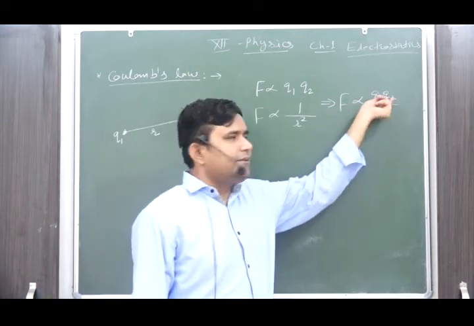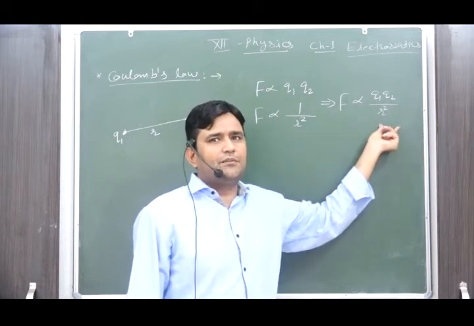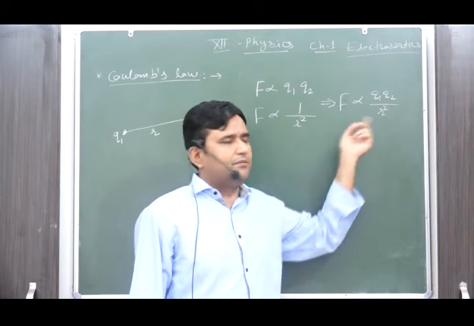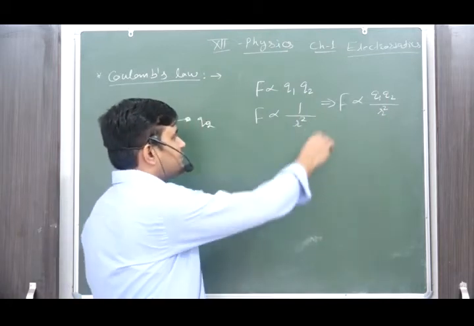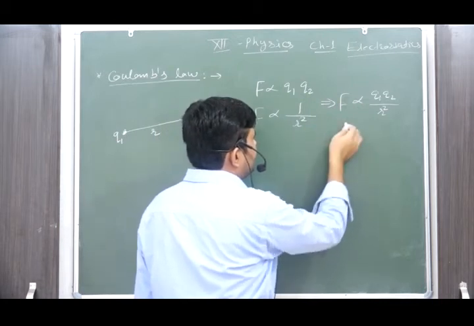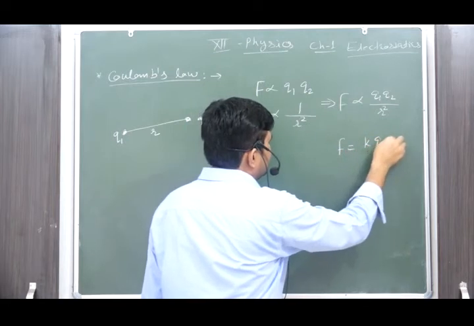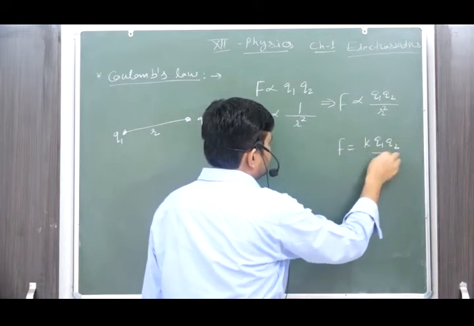Force is directly proportional to the product of the charges and inversely proportional to the square of the distance between them. Now we are converting this directly proportional into an equal sign, and we get the formulation F equal to K Q1 Q2 upon R square.